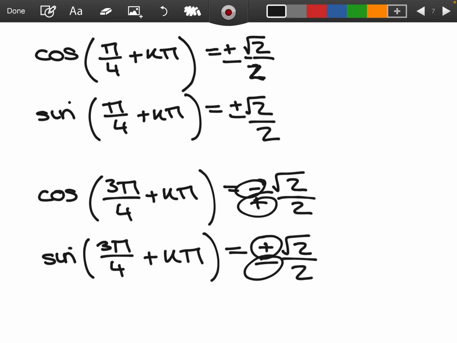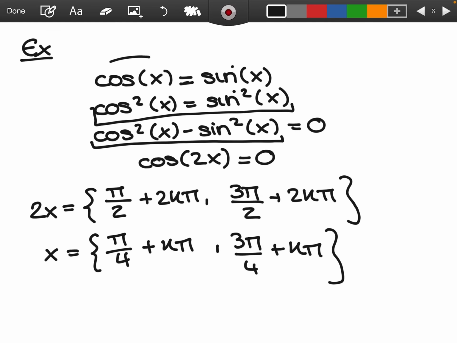So for each of these angles in the same set, sine and cosine, although they have the same absolute value, they are actually different values. Some are positive, some are negative. So cosine of 3 pi over 4 is negative the square root of 2 over 2. Sine of 3 pi over 4 is positive the square root of 2 over 2. They're not equal, meaning that this does not hold true.